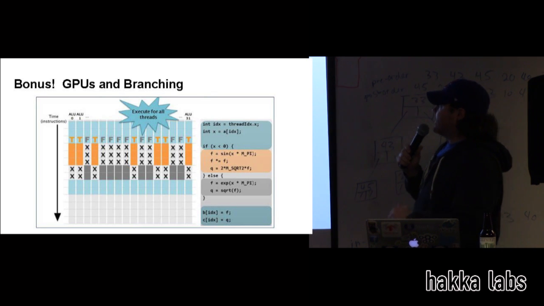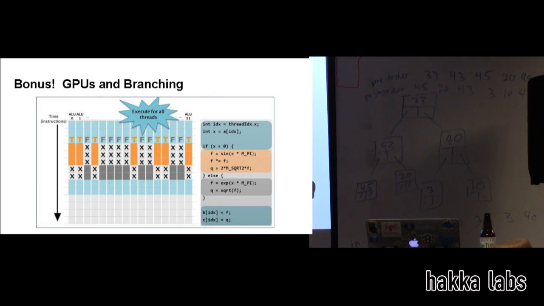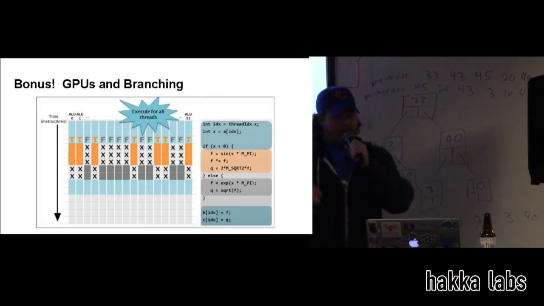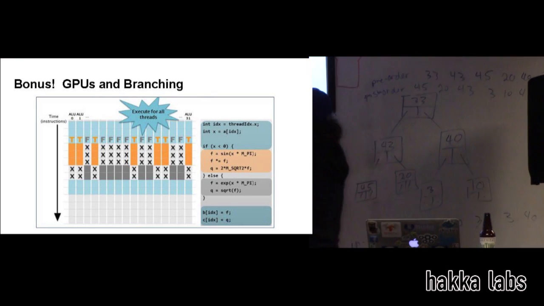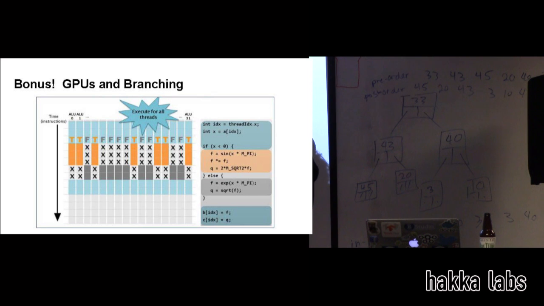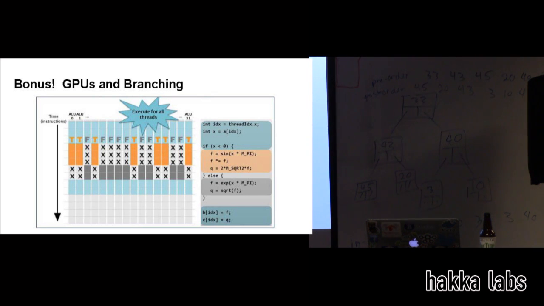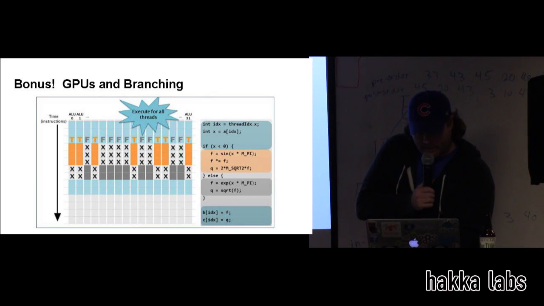The downside is that if you do any branching, these cores stay idle. They can only run the exact same instruction at each step, so all threads have to run the same. If there's a branch, then these guys stay idle. Then we go back to the other branch. Now it flips, and these guys stay idle while these guys are executing, and then back to all of them executing.